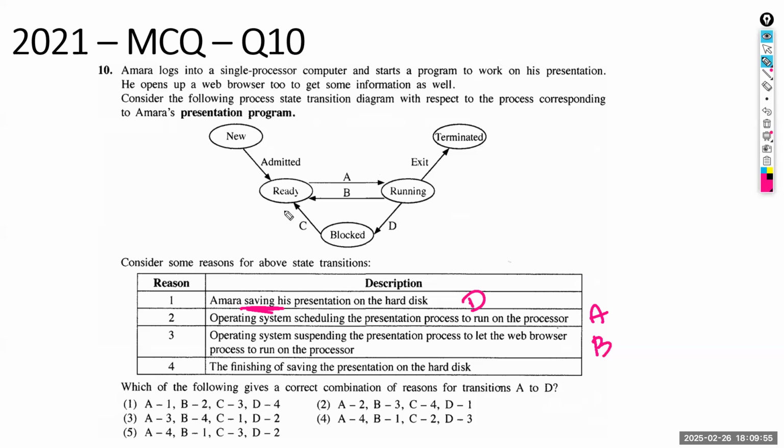Now file interaction is done, so it will go from block to ready, that is C. So 1D, 2A; in other words A2, B3, C4, D1. So the answer is the second one.